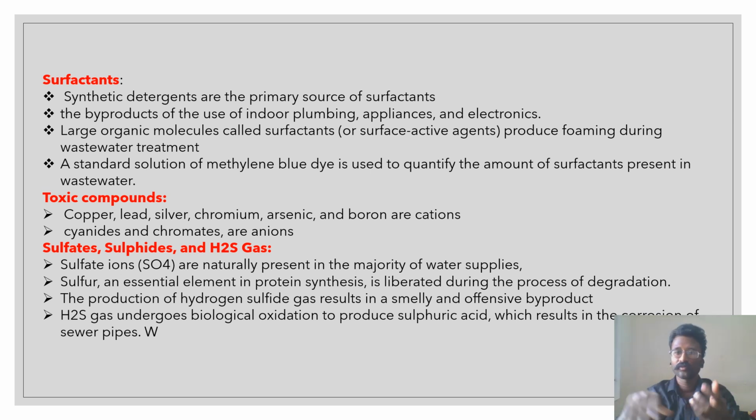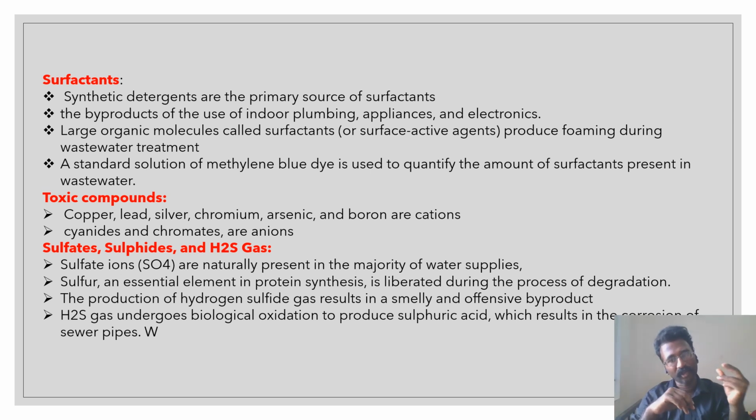They produce foaming during the wastewater treatment, so we have to remove the foam constantly if surfactants are present. A standard solution of methylene blue dye is used to quantify the amount of surfactant present in the wastewater.